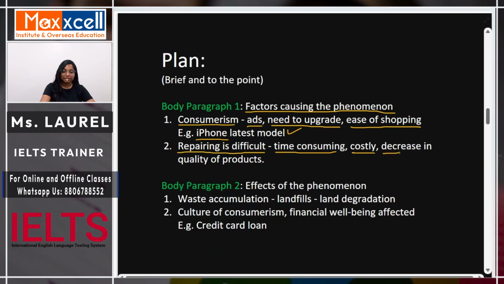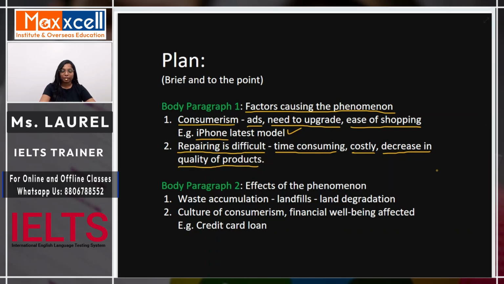The third thing is there is a decrease in quality of products. This is obviously not under repairing. It is the fact that we have products that don't last for a long time. Almost every product's shelf life has decreased over the years.